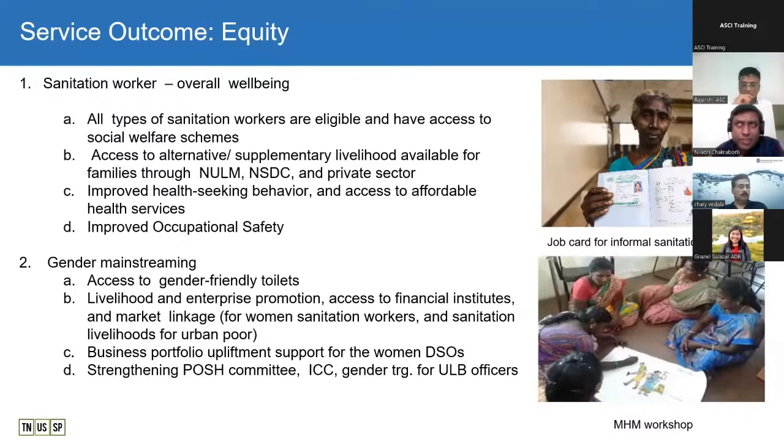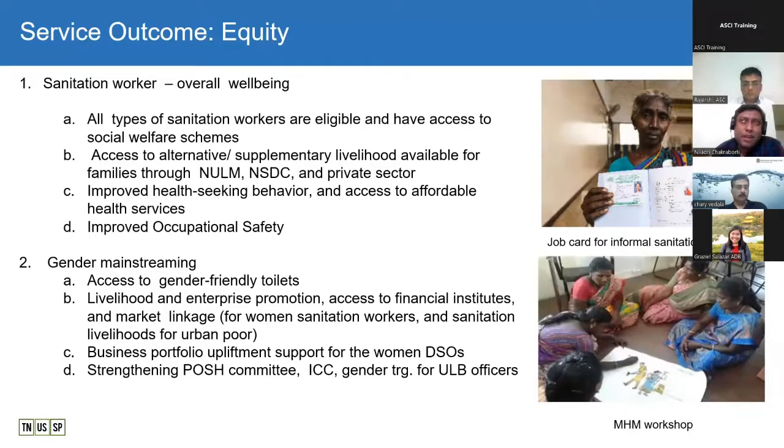One, we try to link all those who are eligible to all the available social security schemes, because the Tamil Nadu government has multiple departments with lots of social security schemes. Some are exclusively for sanitation workers, and some are for poor people, SC, ST. So that was one of our major pieces of work.